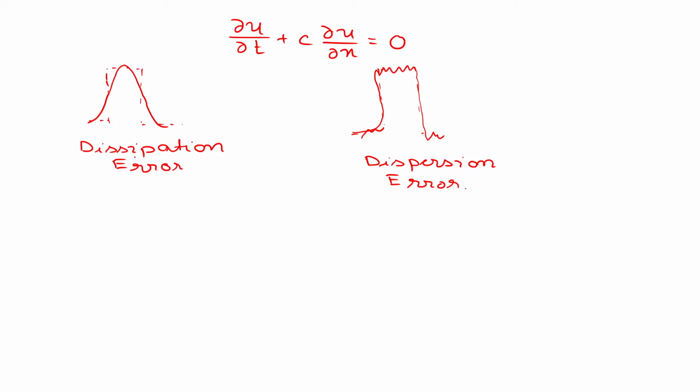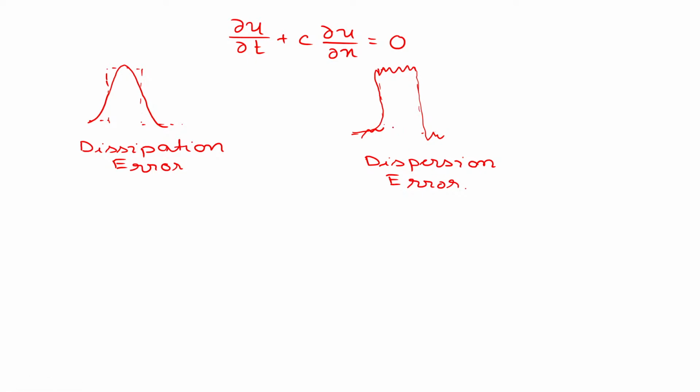So dissipation error occurs when the leading terms in the truncation error have even order derivatives, and they are characterized by a loss of wave amplitude. So we get amplitude errors, with strong amplitude error but little phase error. Whereas dispersion error occurs when the leading terms in the truncation error have odd order derivatives, and they are characterized by oscillations or small wiggles in the solution.